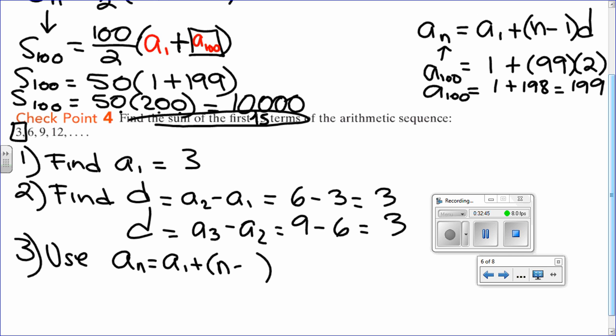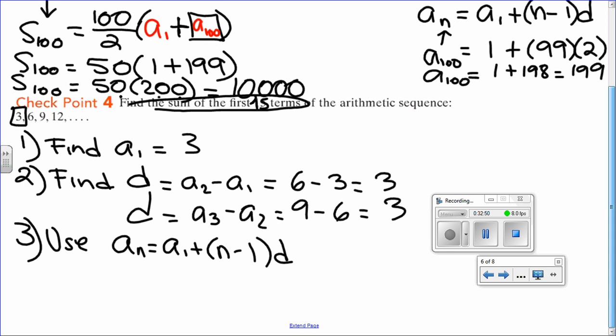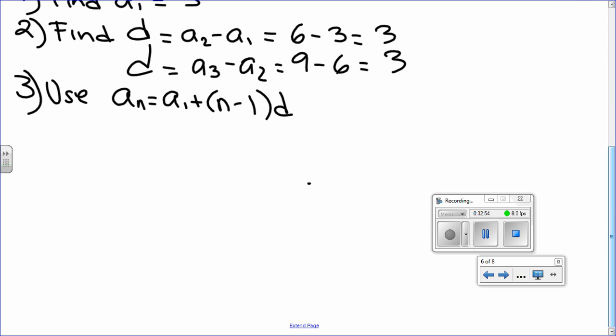So we use the formula to find the nth term. We use that to find what? So if we want to add the first 15 terms, we need the first and the last. So which term are we looking for?